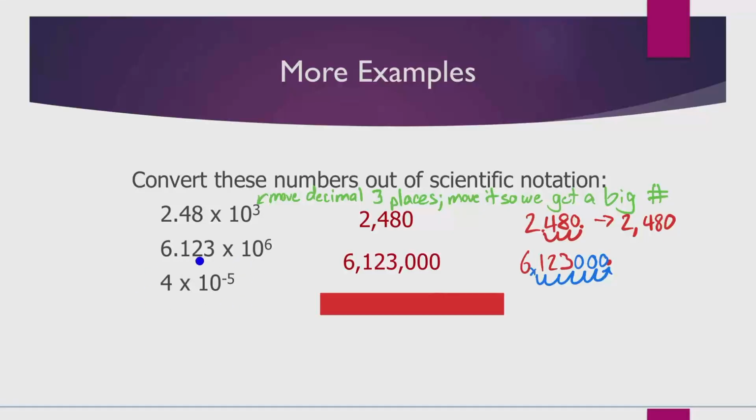And then our last one, 4 times 10 to the minus 5. Looking at our exponent again, because that's sort of the most important part. This lets us know how many decimal places we move our decimal over. Where does our decimal live in the number 4? There's not a decimal there. Where should it be if we looked at it?